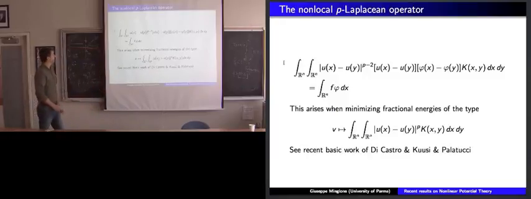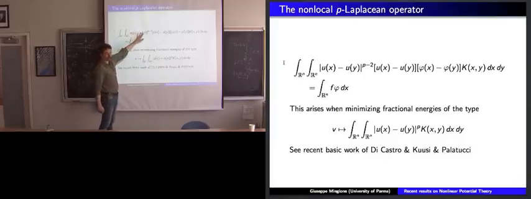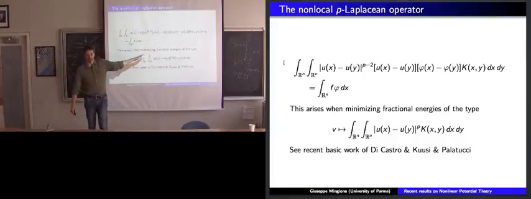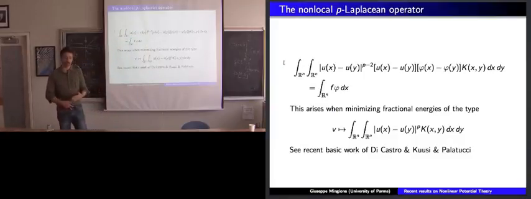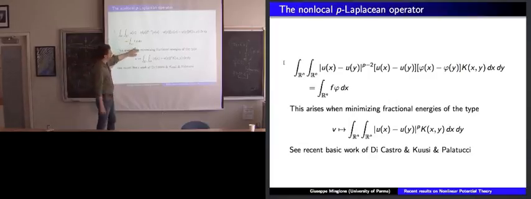So this fractional operator is particularly natural because it comes from a variational setting. You minimize the so-called p fractional Gagliardo seminorm, and then you come up with this equation where the right-hand side is equal to 0, and then you eventually want to put a beta.